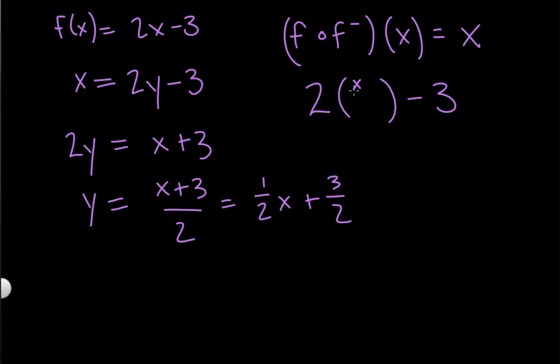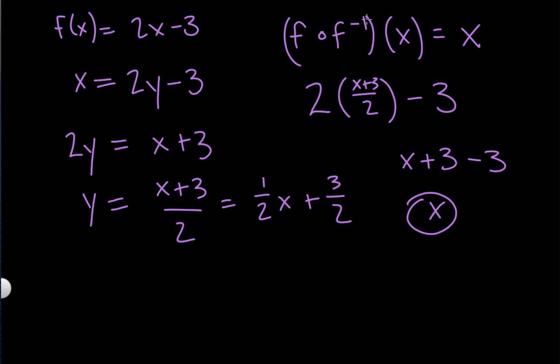My inverse is x plus 3 over 2. You can see what's going to happen here. When I multiply the 2 times the denominator of 2, the fraction goes away, leaving me with the numerator, x plus 3 minus 3, which gives me just the x. And this works either f of the inverse or the inverse of f.